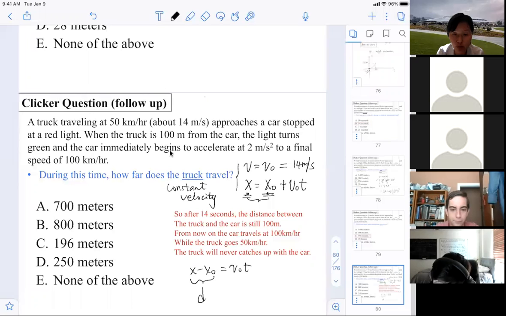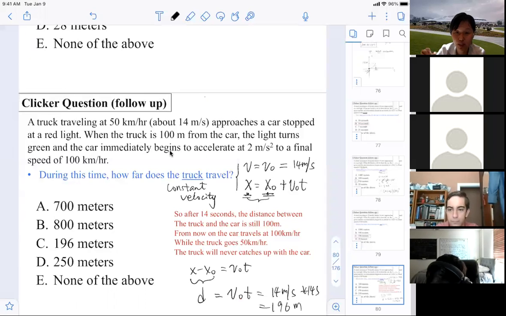If I wanted to know what the total distance the truck traveled is, I would just do distance equals velocity times time. So this is the velocity of the truck, which is 14 meters per second, times 14 seconds. Again, it's also 196 meters. So it traveled 196 meters, but what is the position?